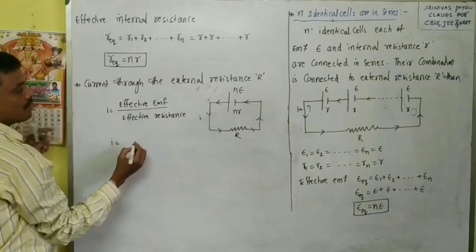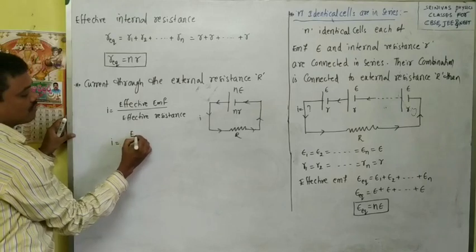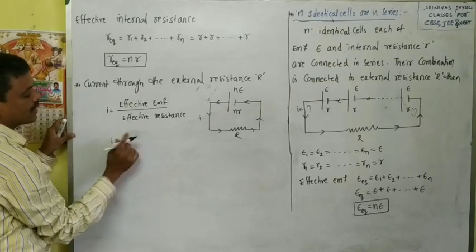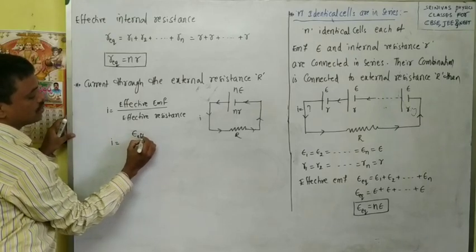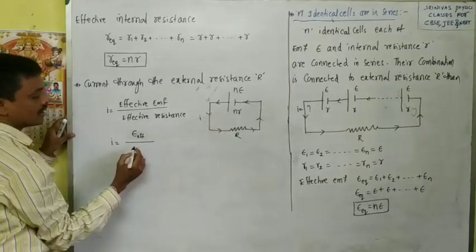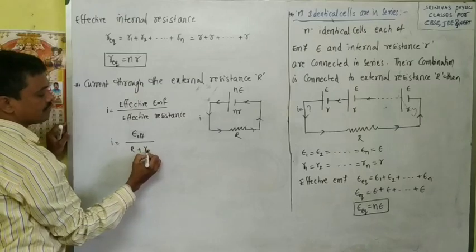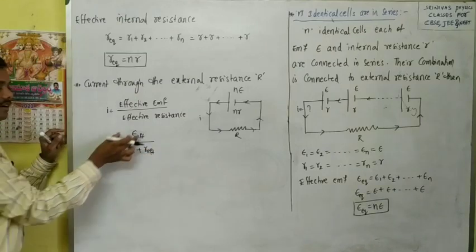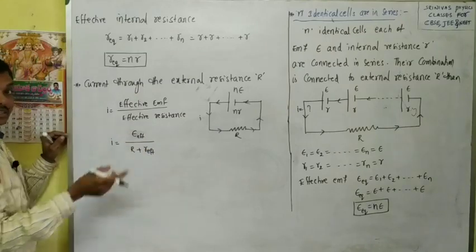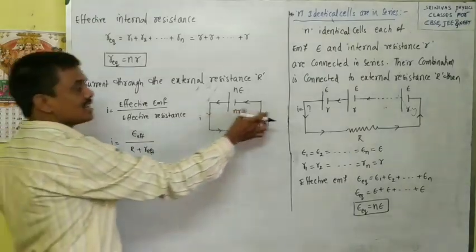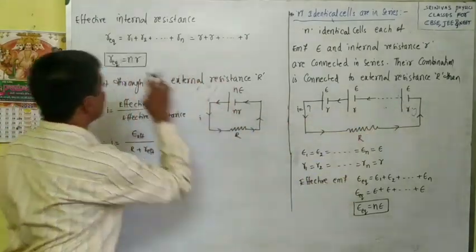The total EMF, E effective. The external resistance is only one, capital R, plus the effective internal resistance, R effective.